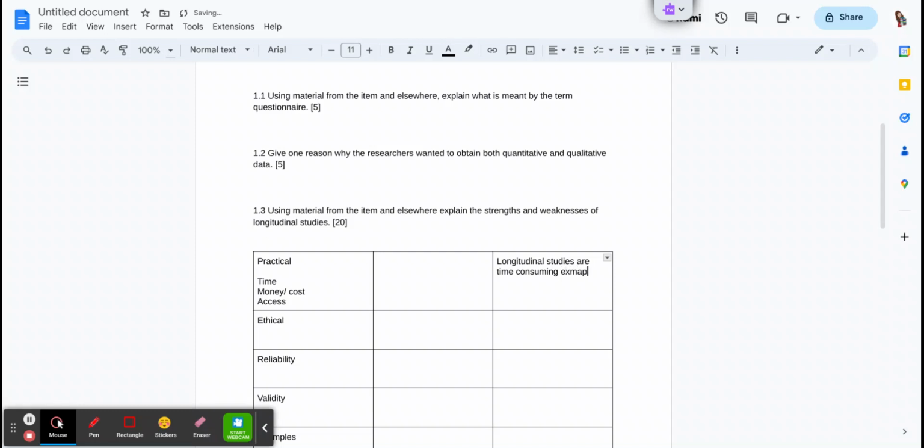For example, Bunsel's study took 2 years to complete. We've got a tiny little reference to a study there.